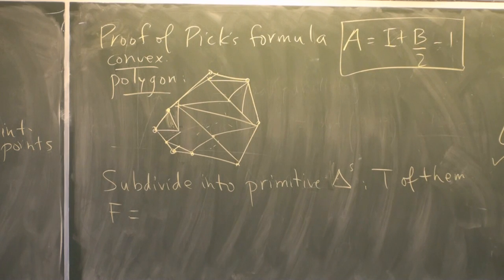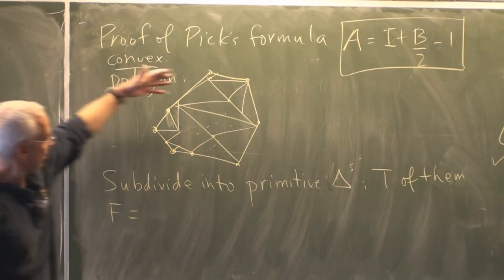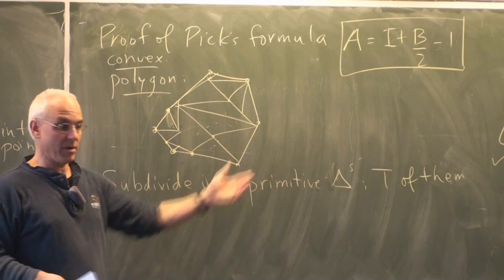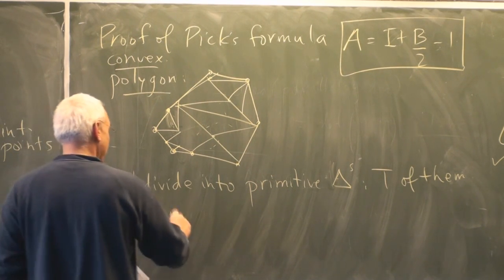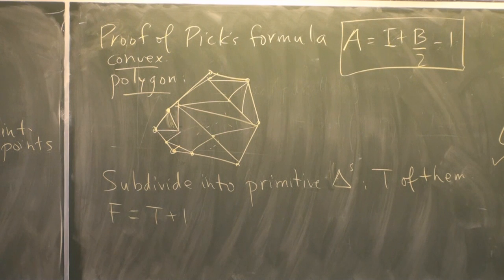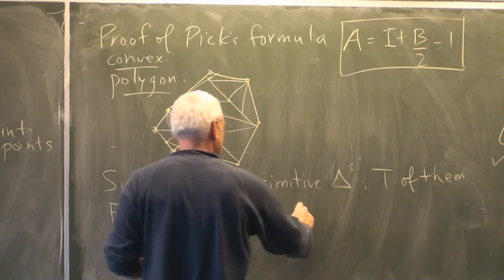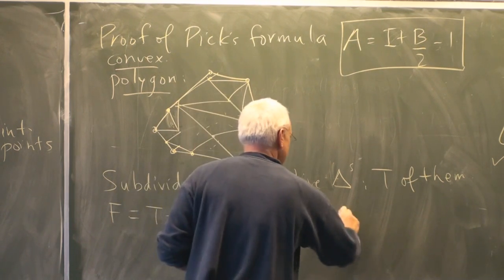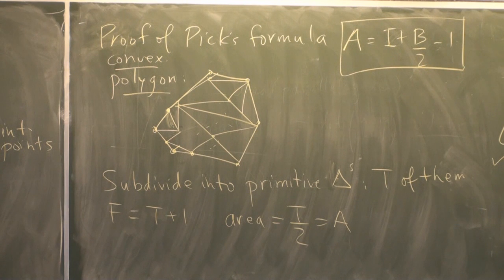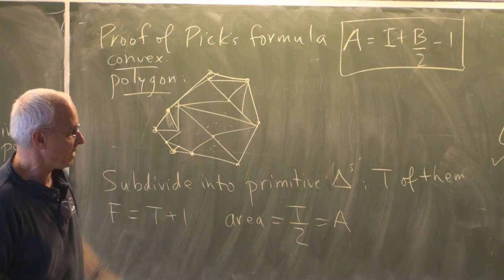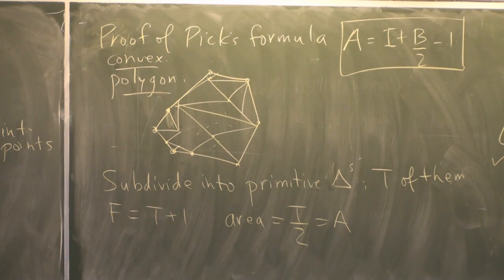So we've got T primitive triangles, and we look at this as a graph, like we have been before, and the number of faces is going to be T plus 1 because we have to include the boundary, the outside, for Euler's formula to work. And the area is, by our lemma, just T over 2. That's the quantity A that we're interested in. Because we're assuming the lemma that a primitive integral triangle has area half. So if there are T of them, then we have T over 2 as the total area.